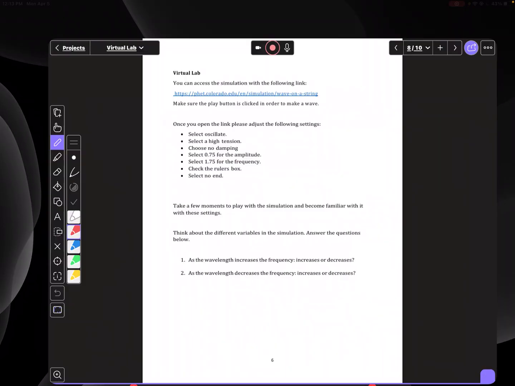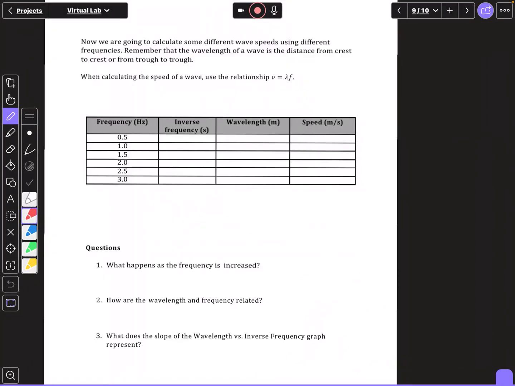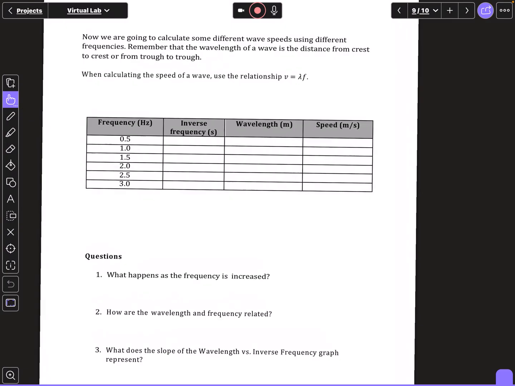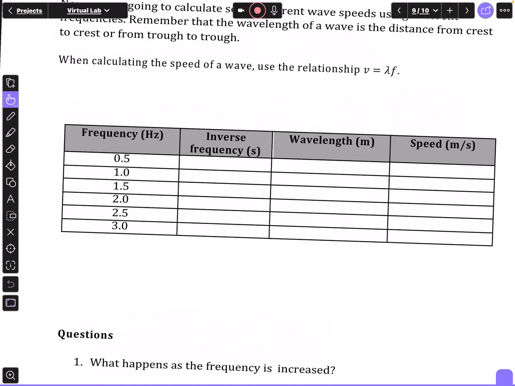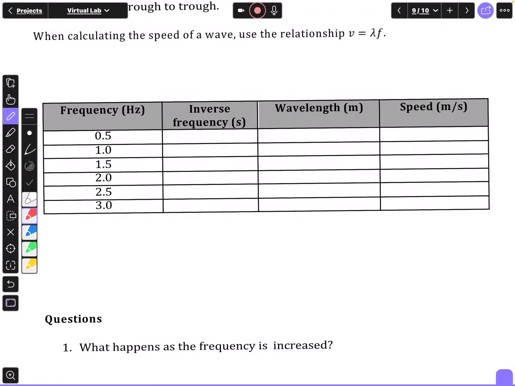Now when you get to this part right here, it's asking for inverse frequency. Inverse, that is called the period of a wave. And you find the inverse frequency.